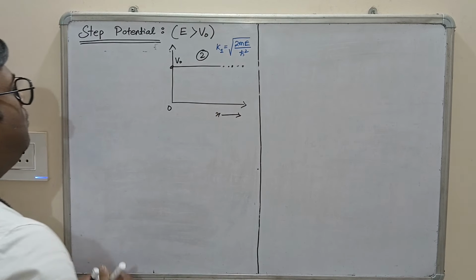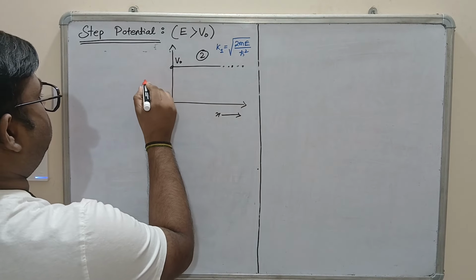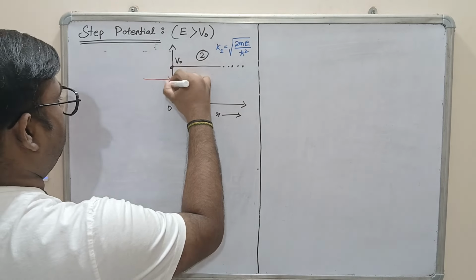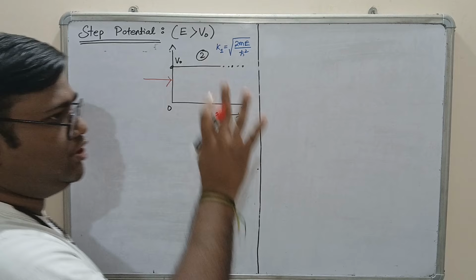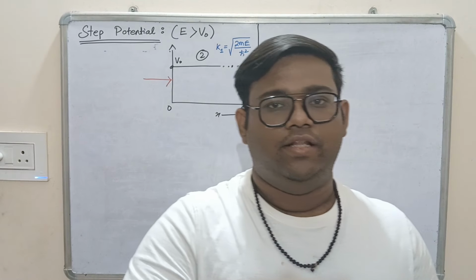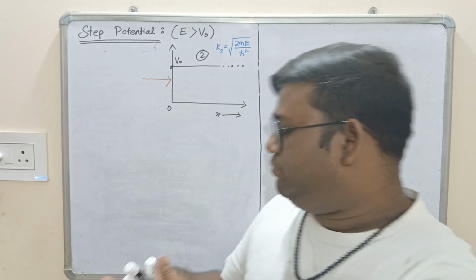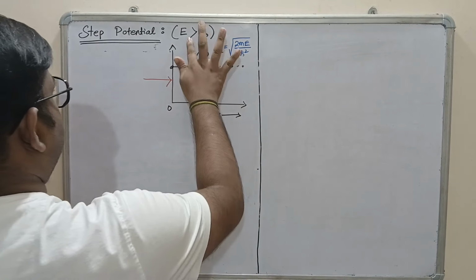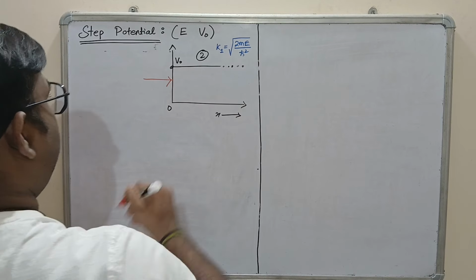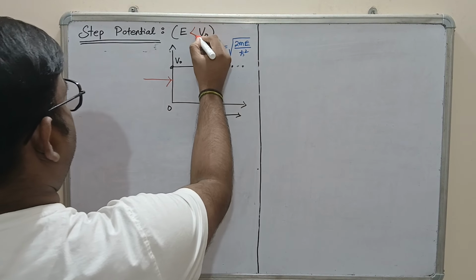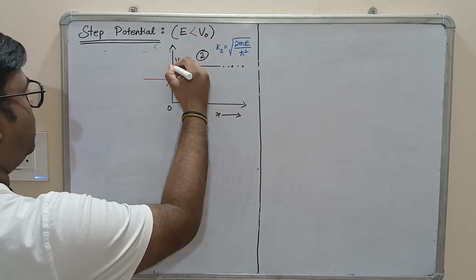Now, this is the situation. The step potential is as usual. It was in the first question we used the step potential, the same step potential. Only the condition here is that the energy of the particle, or energy of the wave, is less than the step potential.